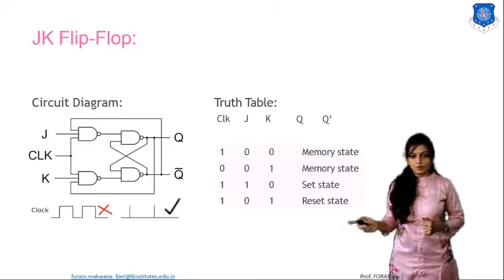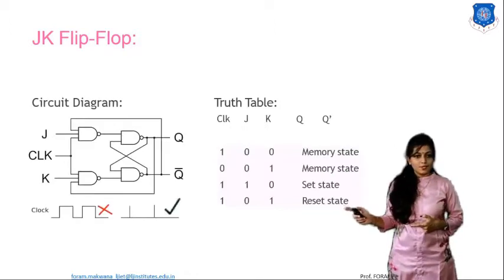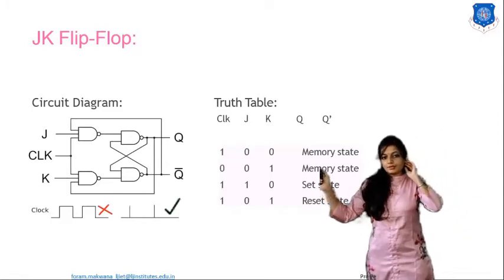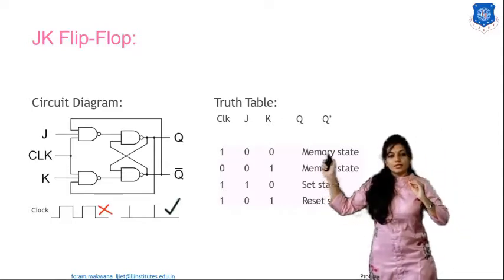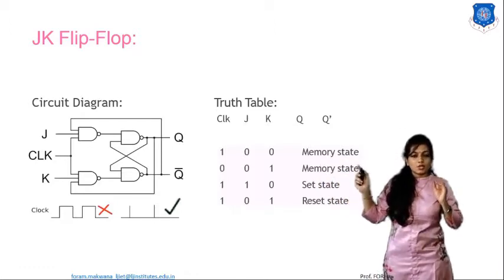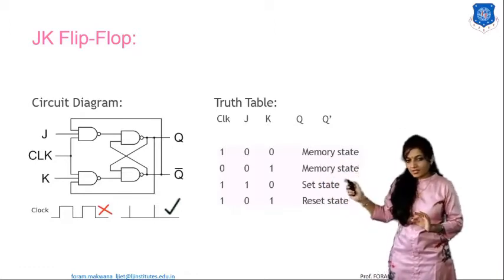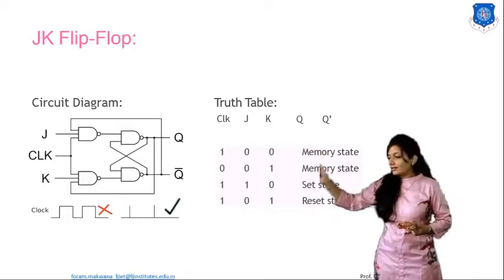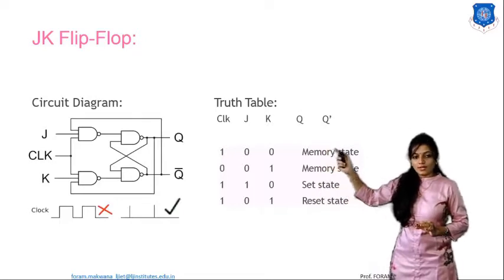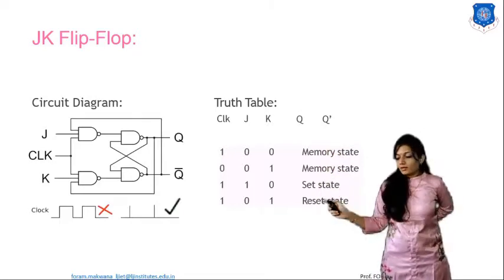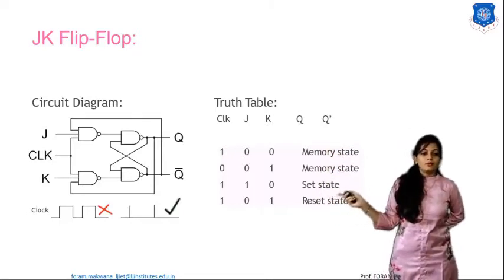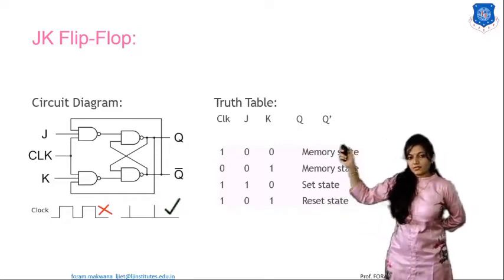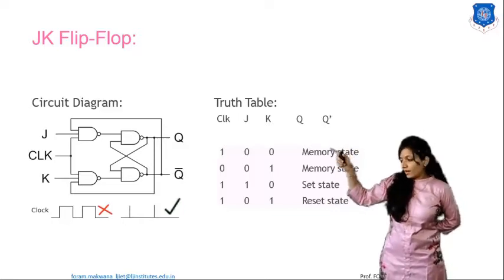This is the diagram of a JK flip flop, in which you are able to identify that this is the same as the clock RS flip flop. The only difference is Q bar is cross coupled with the J input and Q is cross coupled to the input applied to NAND gate 1 with the K. Okay, so the first NAND gate has 3 inputs: clock, J and Q bar.